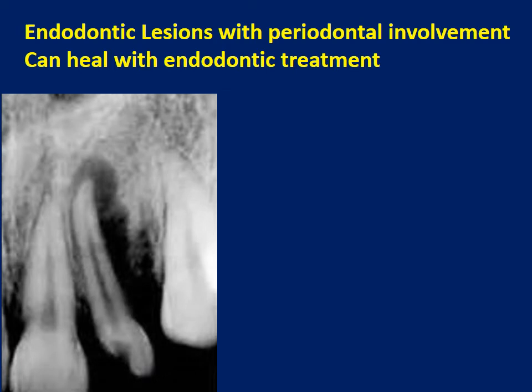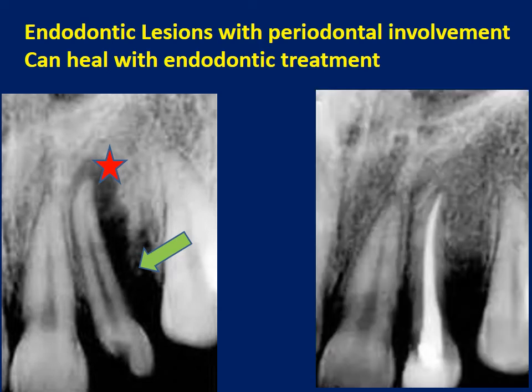As you can see here, this is a very extensive lesion that started apically and destroyed the distal part of the tooth from bone. You can see here after treatment endodontically and periodontally that the lesion is gone and bone support has started and is gained.